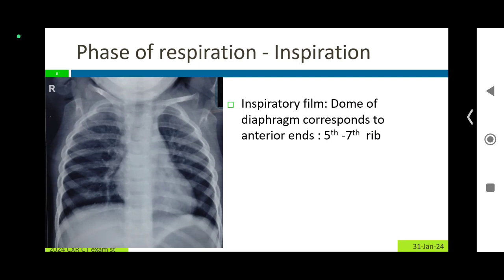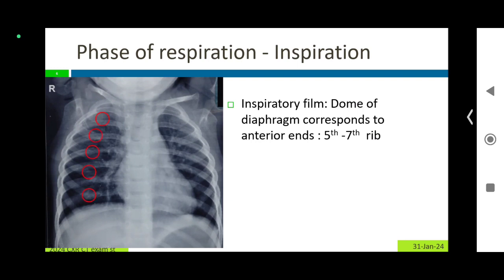The end of the rib which is in close contact with the vertebral body is the posterior end. The anterior end articulates with the costal cartilage. Costal cartilage will not be visible in X-ray. So you'll be able to see the anterior ends of the ribs as free appearing.